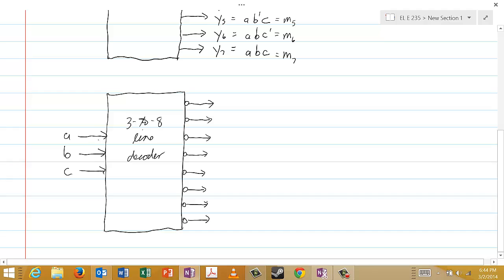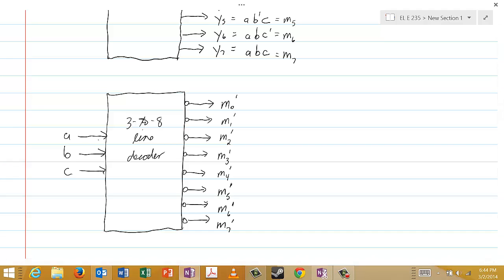And now, since we've inverted each of the outputs, this will be the m0 prime, m1 prime, m2 prime, m3 prime, m4 prime, m5 prime, m6 prime, and m7 prime. So in other words, we get the complement of each of the min-terms.